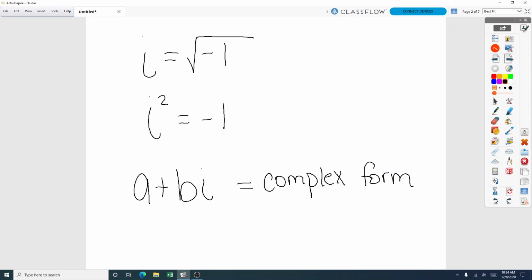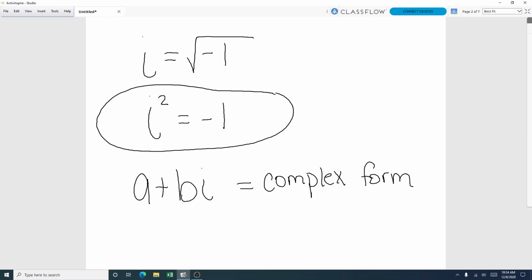Now, this i squared equals -1 is what's going to be really important today. Because anytime we get i squared, we're not going to leave it i squared, we're going to change it to -1. All right, so that's going to be our kicker today, is we're going to make that i squared -1.